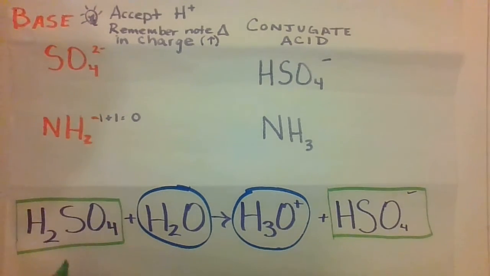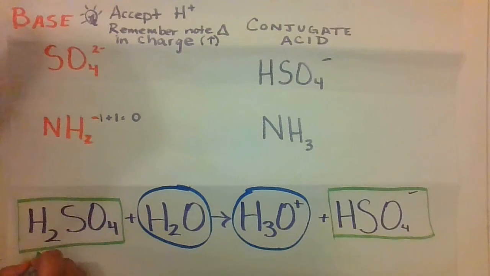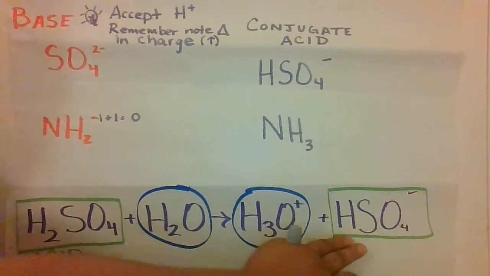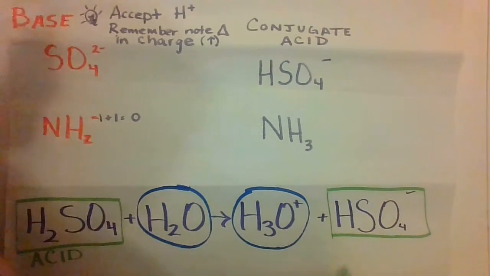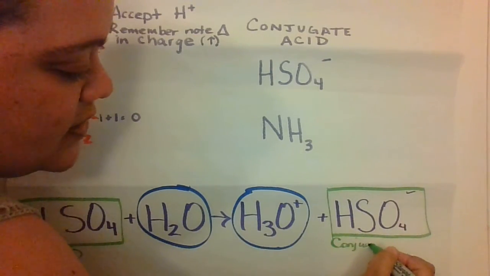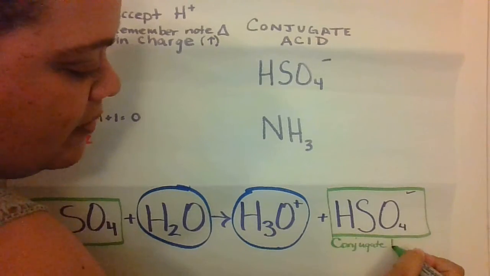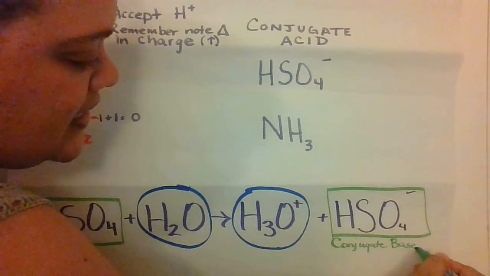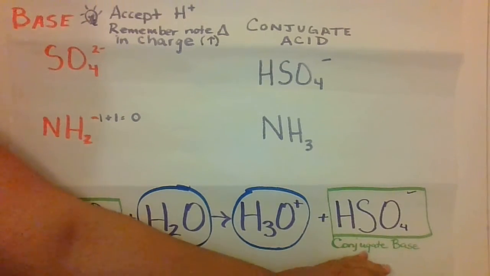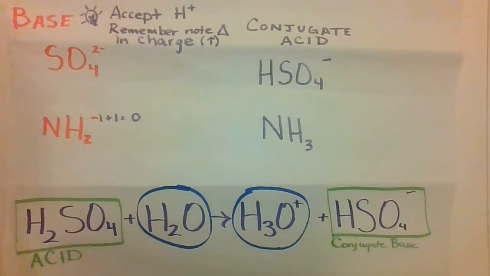So it would then be considered my acid. So if this is my acid, its component on the product side is going to be my conjugate base, because it wasn't originally this, but it's now my conjugate base. It has changed. So look at it as acid changed to base. Conjugate just represents change.